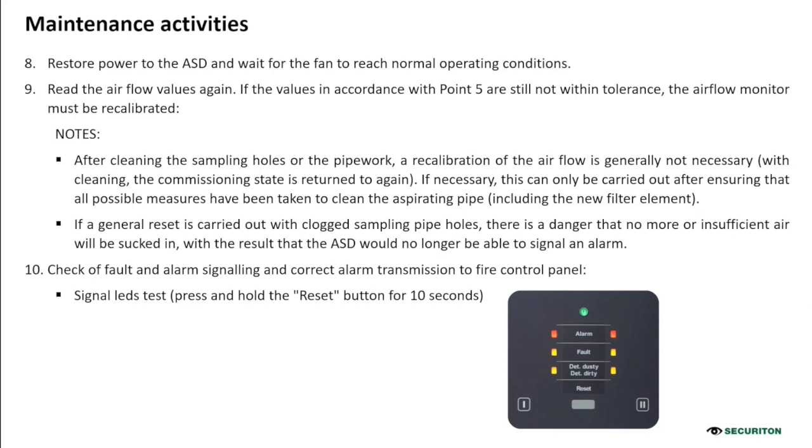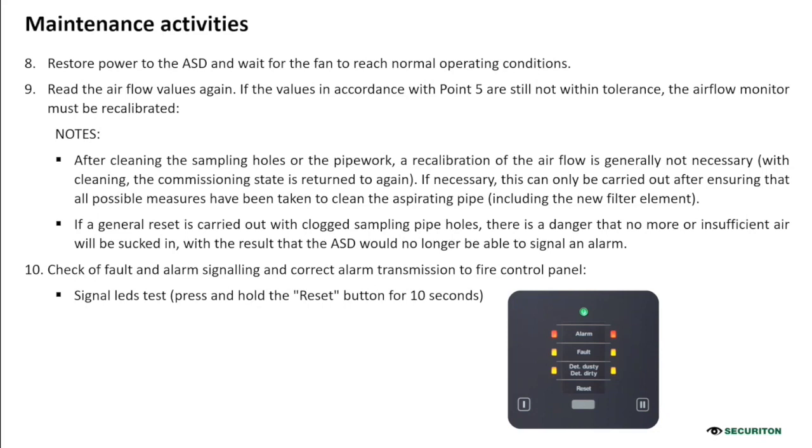Then you need to check fault and alarm signaling, and see if there is a correct transmission to the fire control panel. To do that, just to check the connection, you can use relay tests. At this stage, you do not need to make a real fault or real alarm.